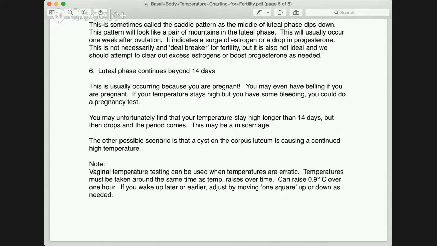It can be that you do see your temperatures stay high, maybe 16, 18 days, and then your period comes. This could be an early miscarriage or a chemical pregnancy. These are somewhat common with a first pregnancy, and could also be common with older moms, older couples trying to become pregnant.